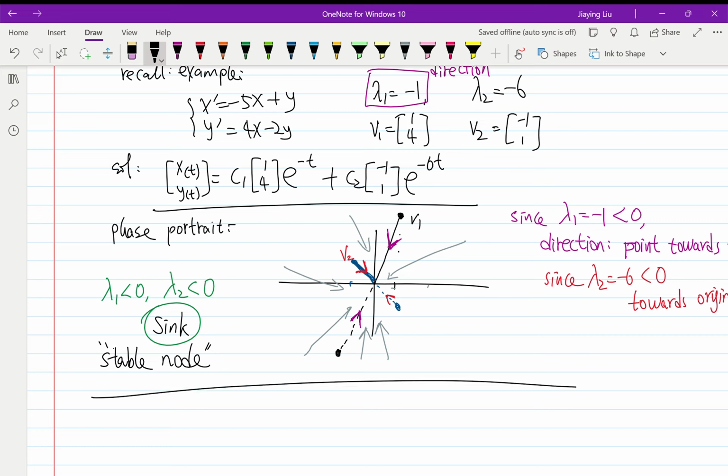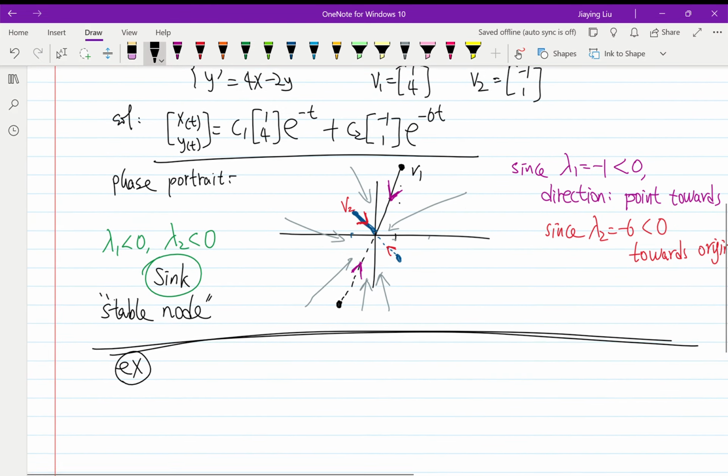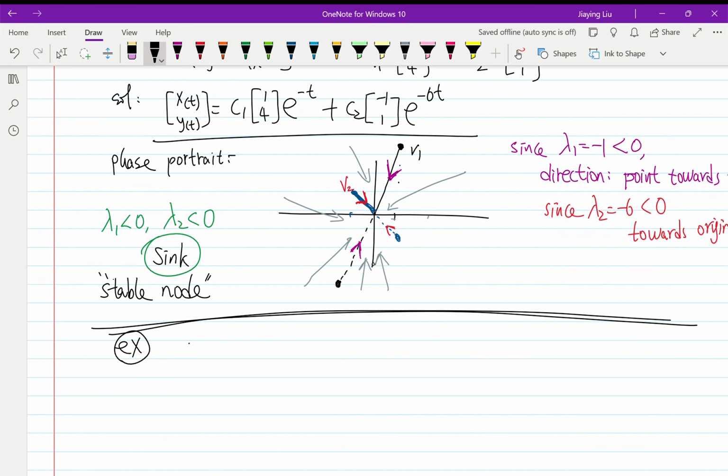Now, a separate example we didn't work on, but I'm just going to write down the example, and the eigenvalues and the vectors from there, which is x prime equals x plus 2y, y prime equals 3x plus 2y.